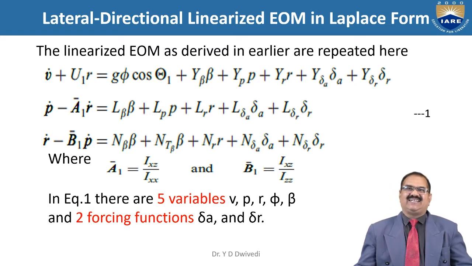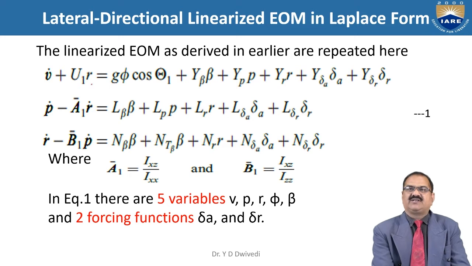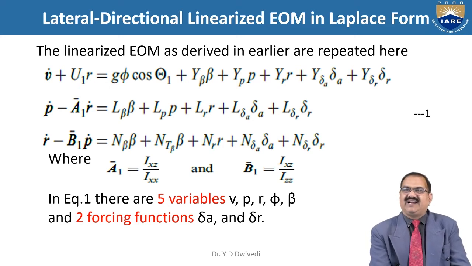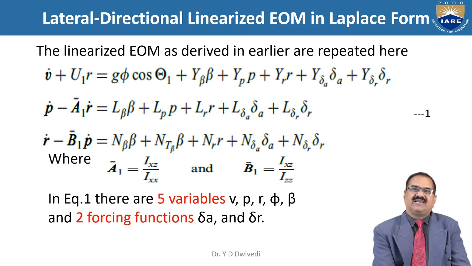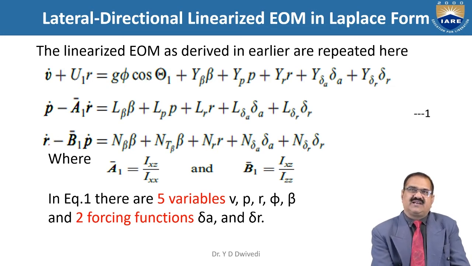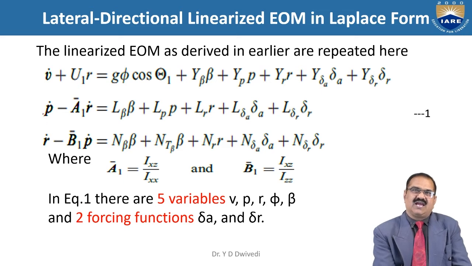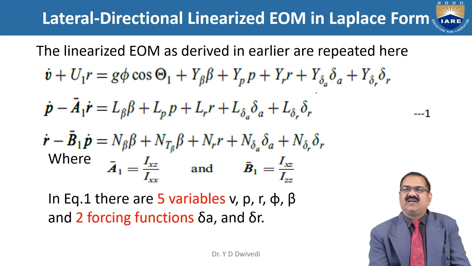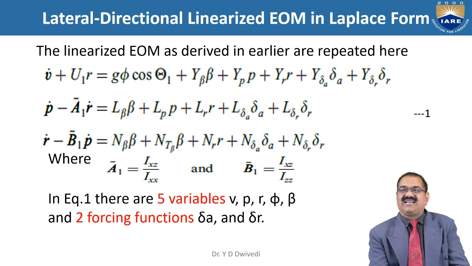We can see here this v dot, all these things I already covered. Beta is our side slip angle, Y is side force with variation of beta. Here p dot and r dot, rolling and yawing, and here delta r and delta a.